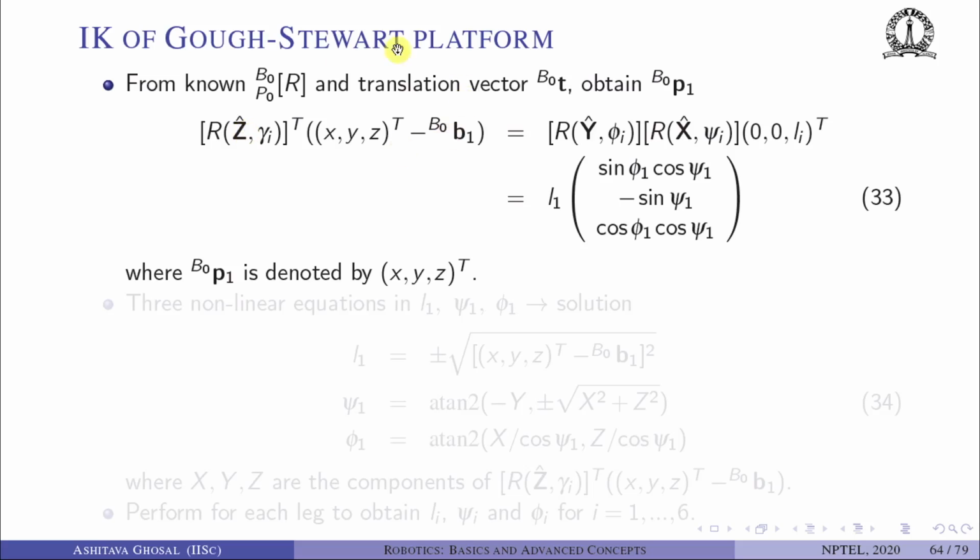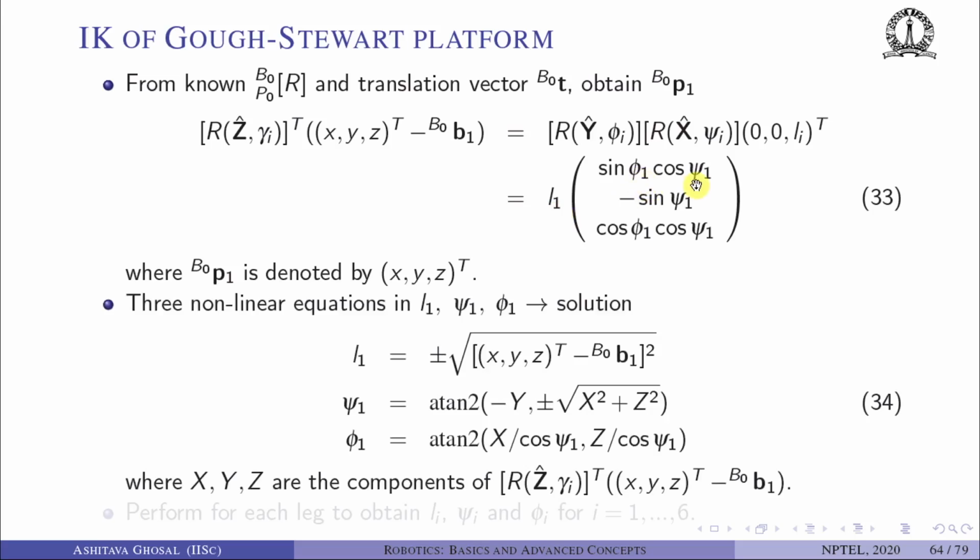Okay, so we have three nonlinear equations. The left hand side is known, and on the right we have one length, which we don't know, and two angles, phi and psi. So three equations in three unknowns, which can be solved.